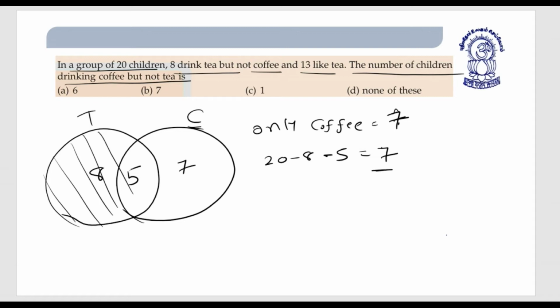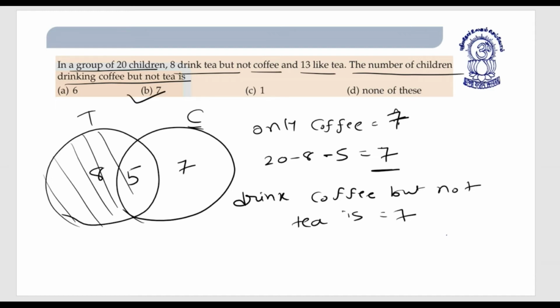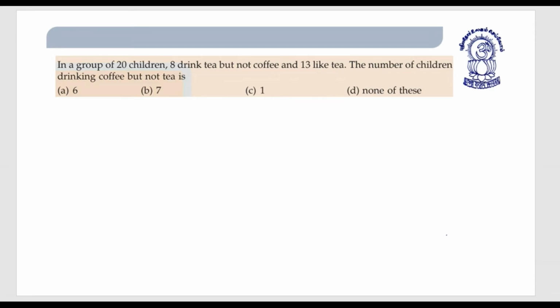So 7 drink coffee but not tea. So option B is the right answer.